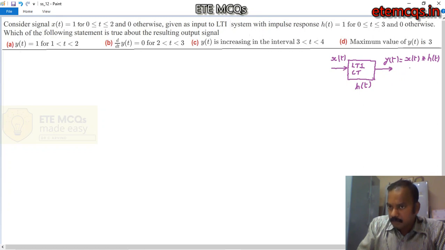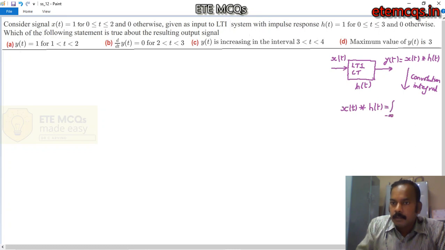This convolution is a new operator for us. Based on the convolution integral, x of t convolved with h of t is equal to the integration between minus infinity to infinity of x of tau into h of t minus tau into d tau.